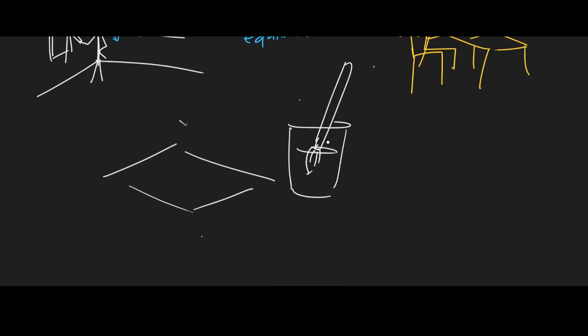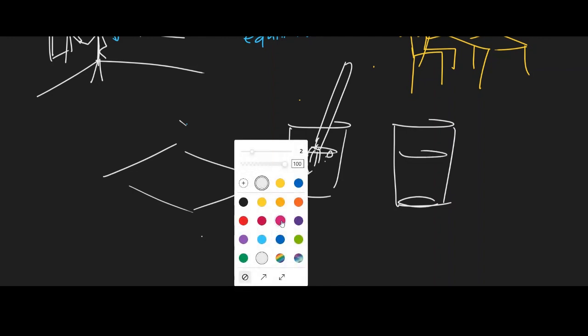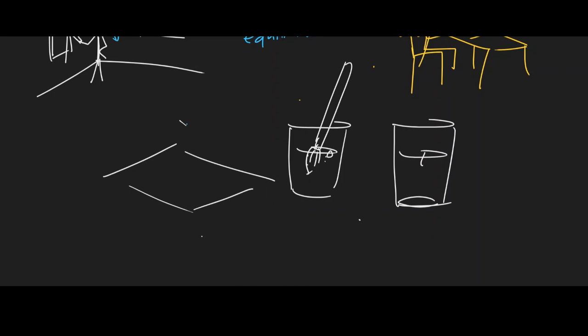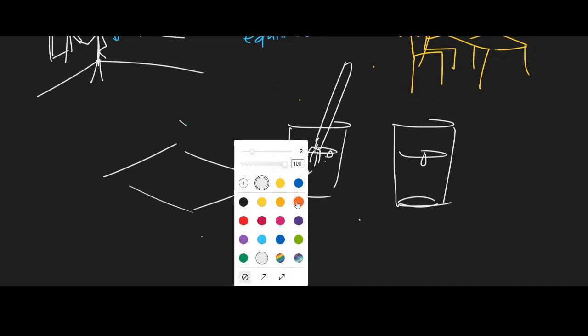But initially, when you dip the brush, the paint is pretty concentrated where you dip it. If you do the experiment, you'll find out that a drop of paint, if you let it be, you don't disturb the glass, that drop of paint will slowly diffuse out. Let's say it's orange paint. I'll use the color orange here.